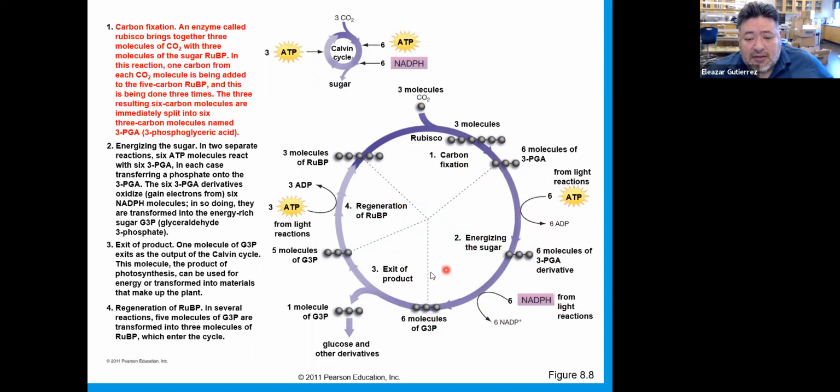Okay, so hypothetically, you should know these 4 steps. Personally, I just want you to look at the big picture.